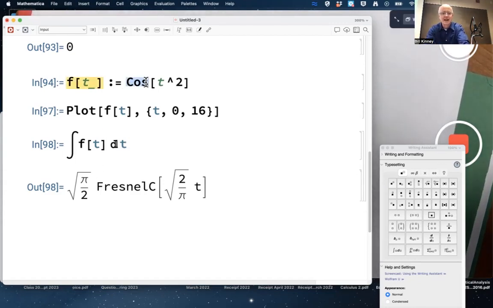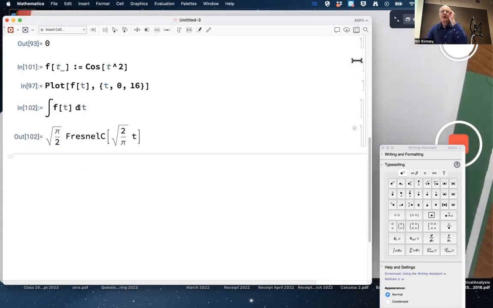If I change this to a sine, then the answer involves Fresnel S. Let's go back to a cosine. What is this? It's just a function you've never heard of before. A big part of what makes calculus useful is it can be used to define rigorously new functions.